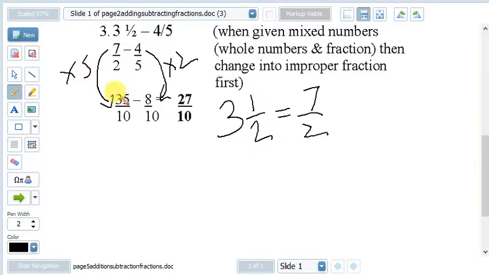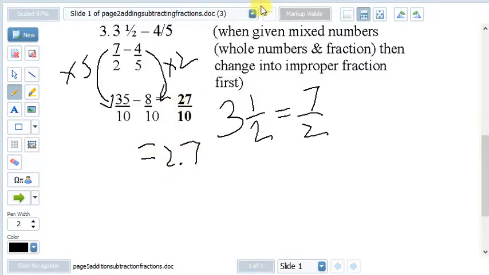So 7 times 5 is 35, 2 times 5 is 10, 4 times 2 is 8, and 5 times 2 is 10. So now what we've got is 35 take away 8, which is 27, and we've got a common denominator, so that just gets carried over. And if you wanted to simplify that even further, it becomes 2.7.